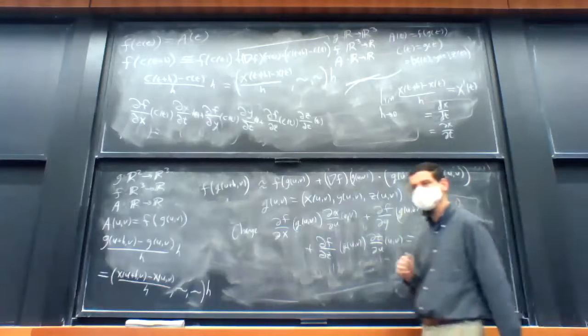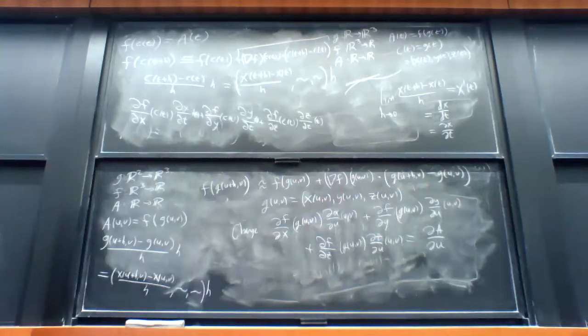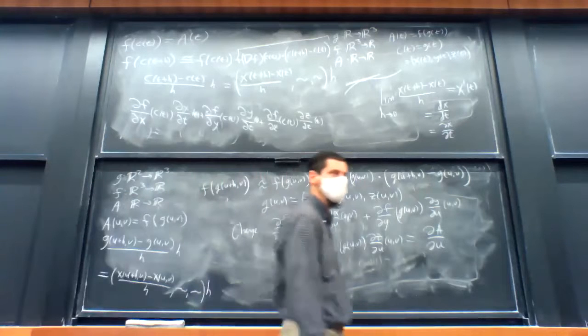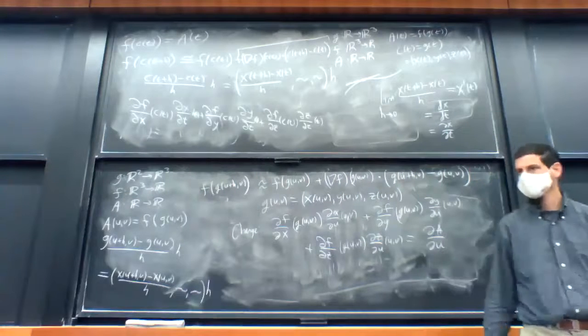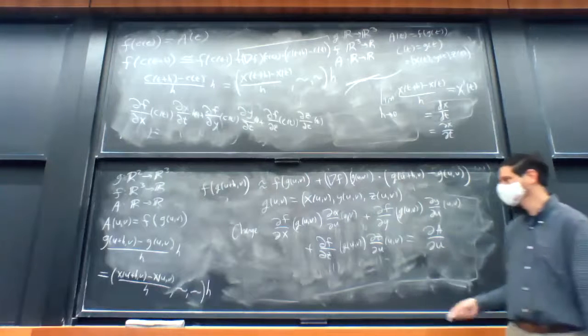How would you find the partial of a with respect to v? What would we do if we wanted the partial of a with respect to v? Same thing, but all the u's down below would be not a big deal.